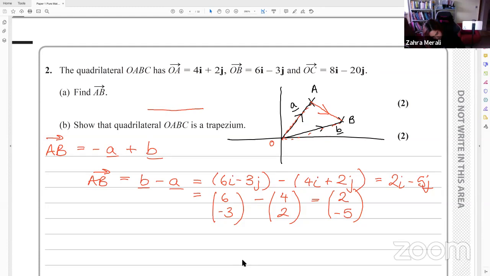Okay, so let's just draw a trapezium here. If you have a trapezium, you've got two parallel sides and then something joining it up. Okay, so there's a trapezium. So we need to prove that two of the sides are going to be parallel. So which two sides? Well, we don't know, so we could have a look.